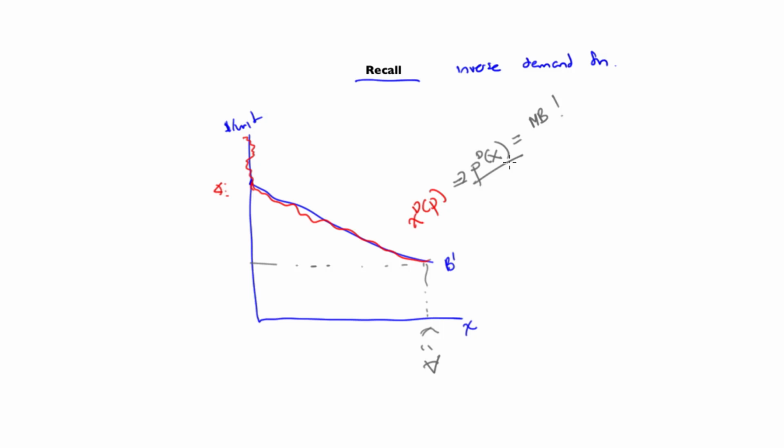Okay? So remember that once you know the demand function, you know the inverse demand function, and from that you can infer that the consumer is rational, that it is equal to the marginal benefit function that is being maximized. That was what we learned for the case of a consumer.